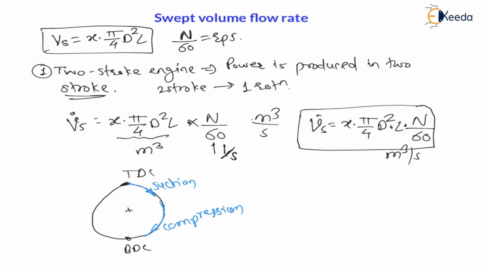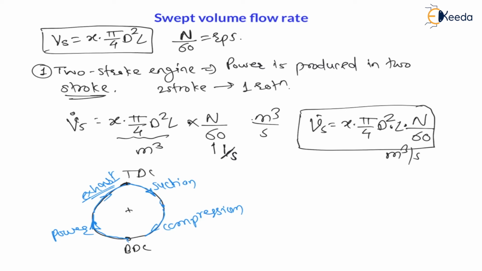In this one rotation only, there is suction, there is compression, as well as expansion, which is nothing but the power stroke, and there is also an exhaust stroke. Means for one rotation there is suction, compression, power, and exhaust. This is a complete cycle. As the crank rotates by one rotation, there will be a complete cycle, that is suction, compression, power, and exhaust, and power is generated, right?